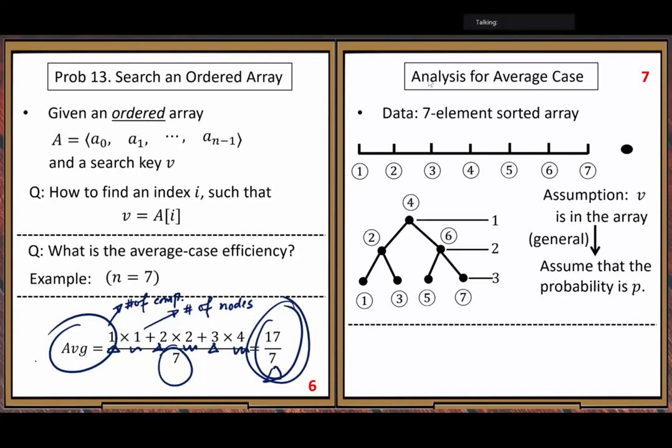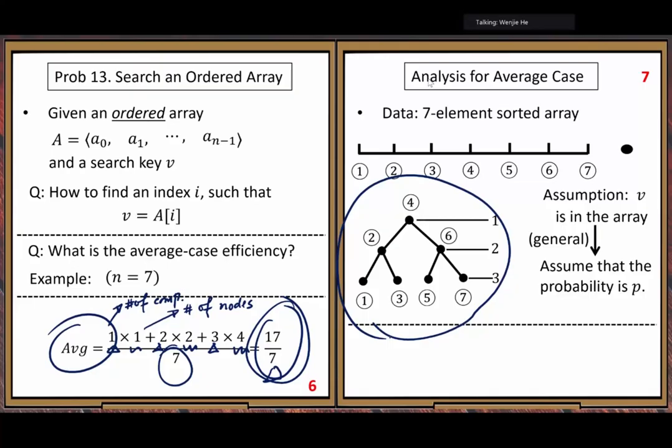So that's the general way. Although here it's a special example, you can easily extend it to do any general example, right? For a general example, you need to draw the appropriate binary tree.